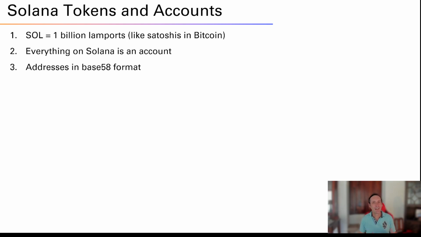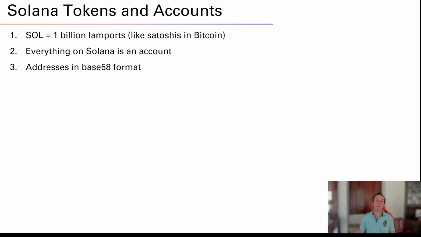A fun fact is that one Sol equals 1 billion Lamports. Lamport is just like Satoshis on Bitcoin. It's the lowest unit in the token. Accounts on Solana are used for everything: storing tokens, NFTs, program data, etc.